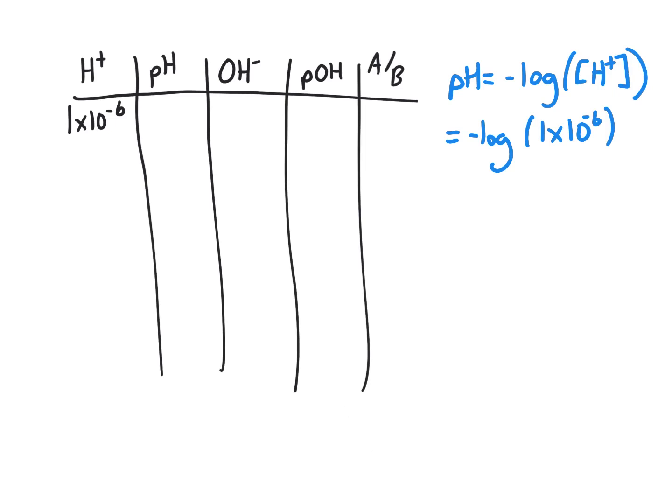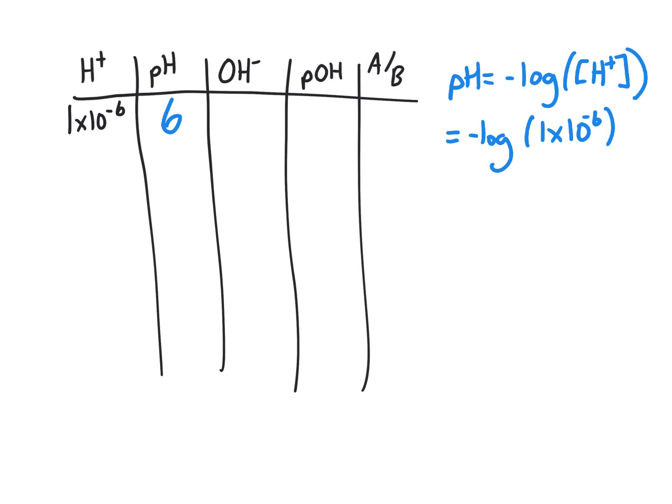So then I just go to my calculator. I type in negative log 1 times 10 to the negative 6, and I get 6 for my pH.